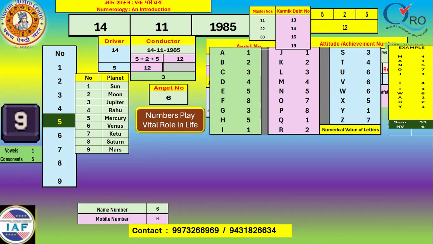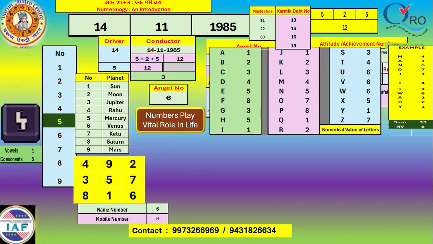So before going to the enemy number, let us understand how to read the chart through what we call the Loshu grid. In the Loshu grid, we have 3 by 3, 9 boxes. And these numbers are placed uniquely. This is the permanent place of the numbers in the boxes.